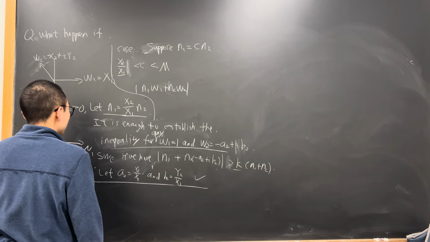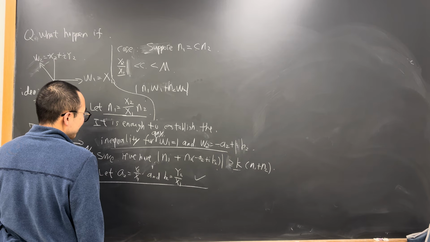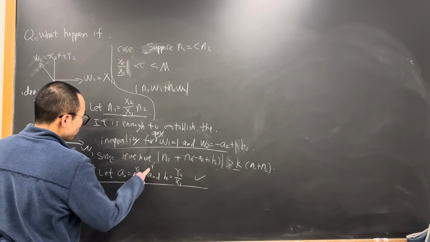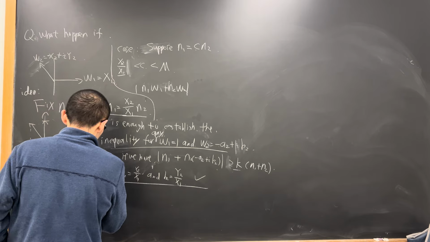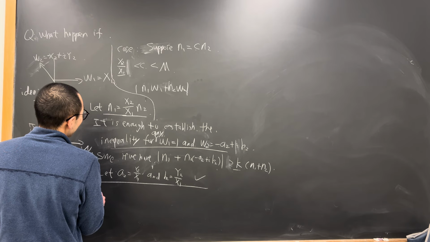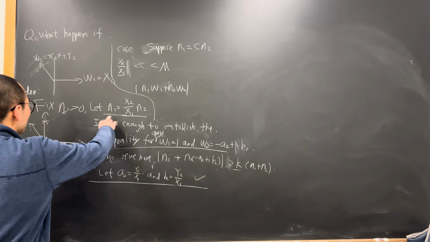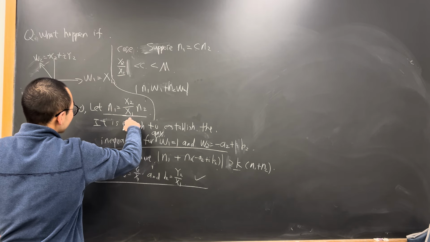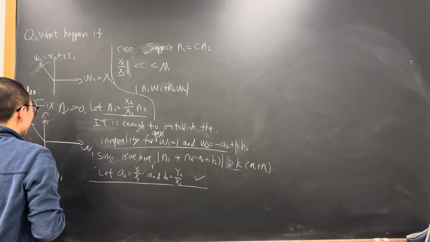I think we have established the case where n1 is equal to a2 n2, because before that we have already shown the most general case for n1 equal to this ratio times n2, and n1 less than this ratio times n2. So we have already shown that.